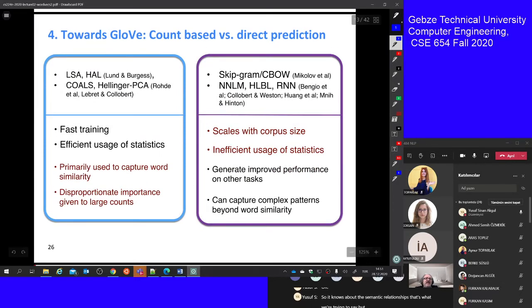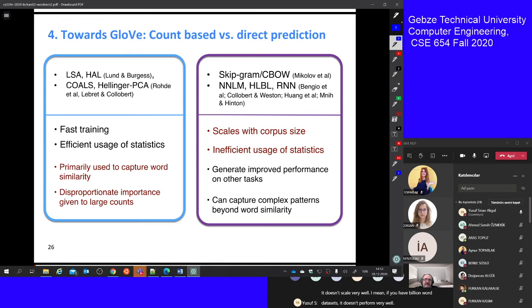But again, this count-based stuff has some problems. What are the problems? It doesn't scale very well. I mean, if you have billion word data sets, it doesn't perform very well.